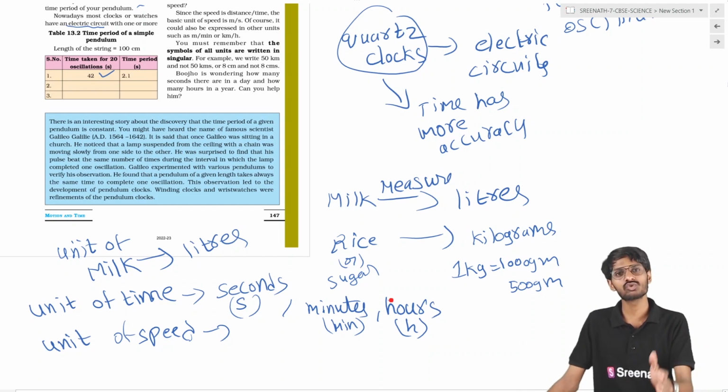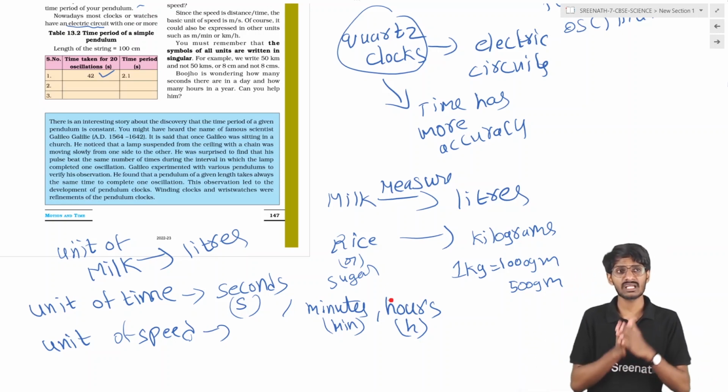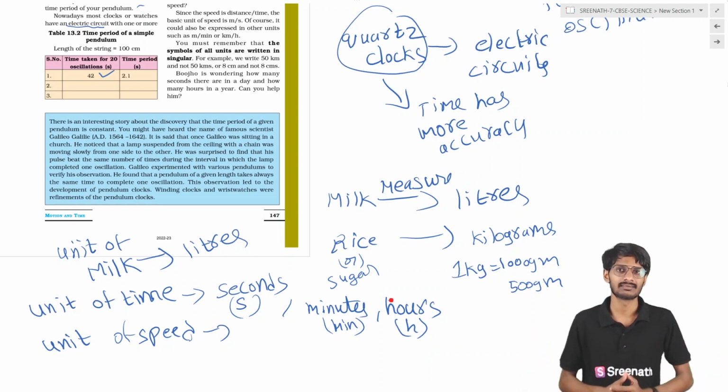So if anybody asks you how old are you, you say, sir, it is 11 years. Instead of 11 years, if you say, sir, I have completed 11 into 365 days, sir. Basically 1 year has 365 days.